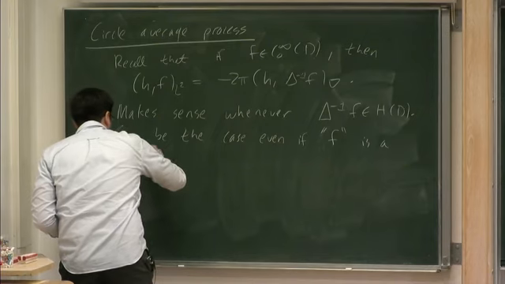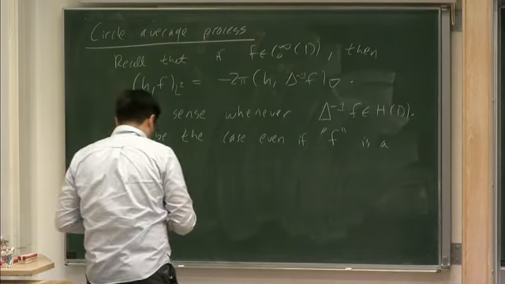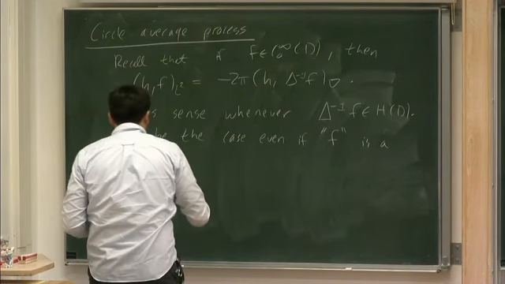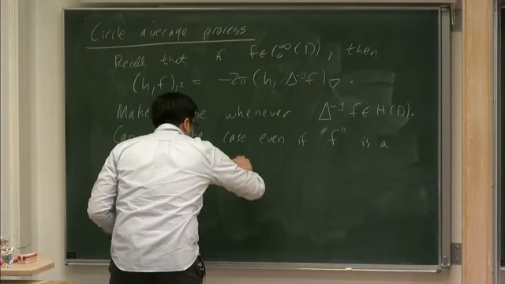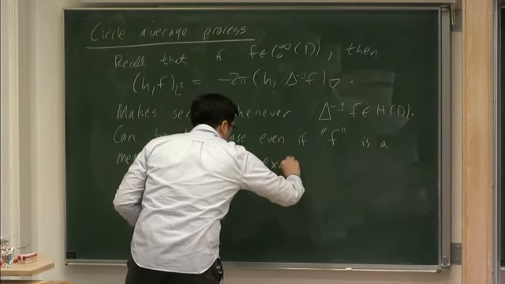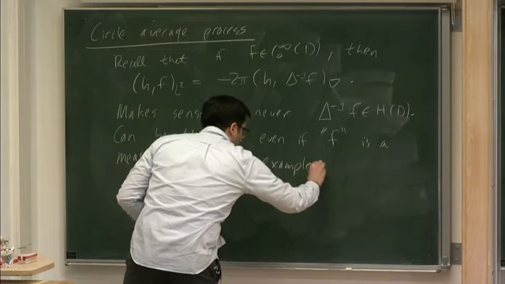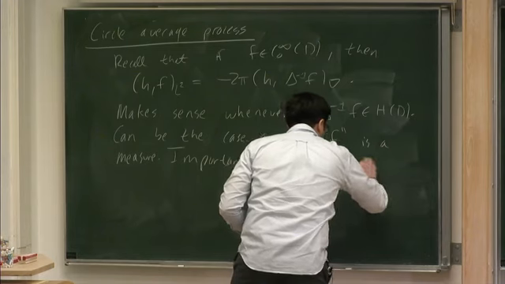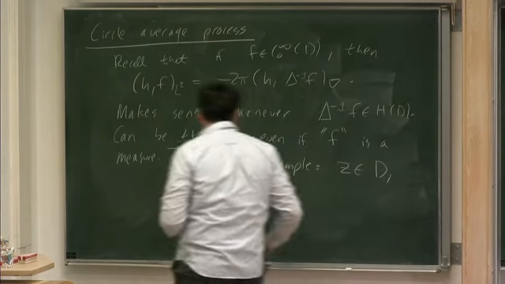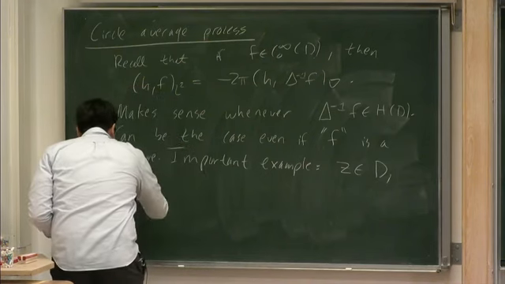So let's do an example. A very important example, and the one we're going to focus on now, is let's suppose that we have a point z in our domain and epsilon positive.